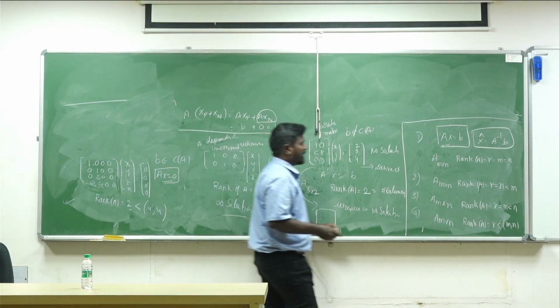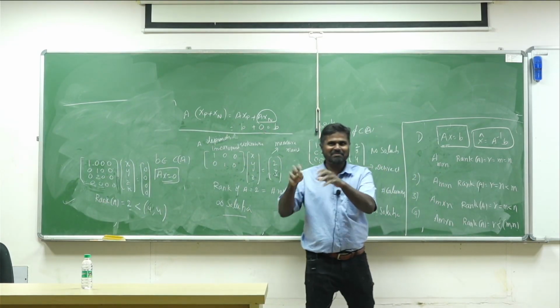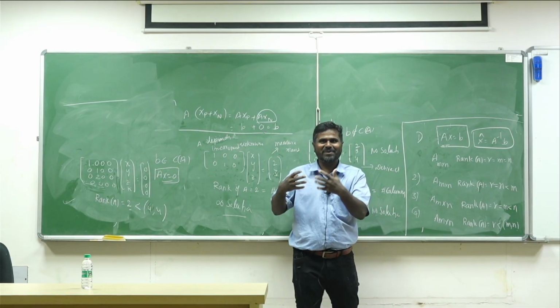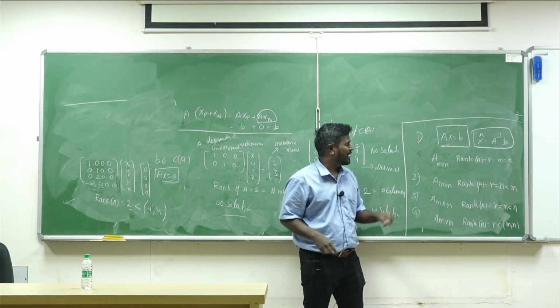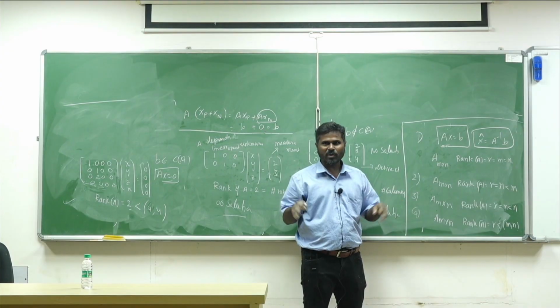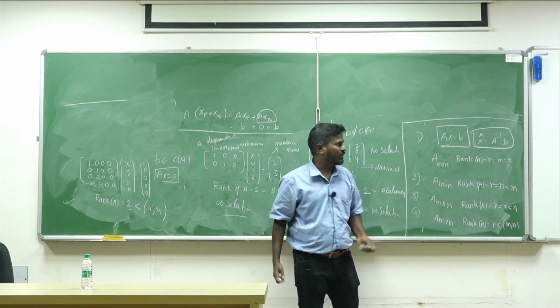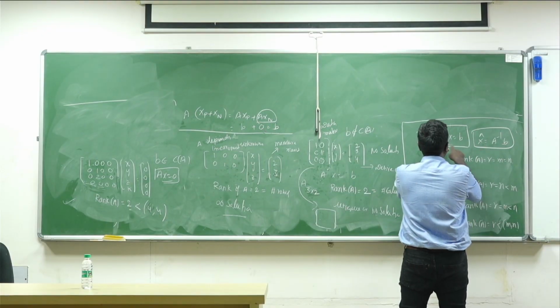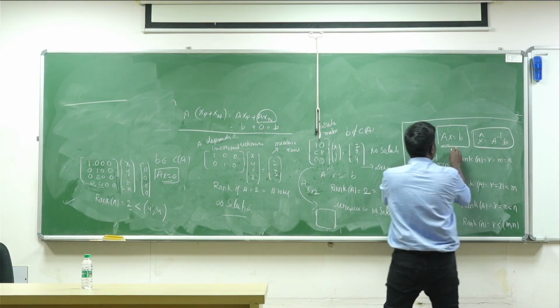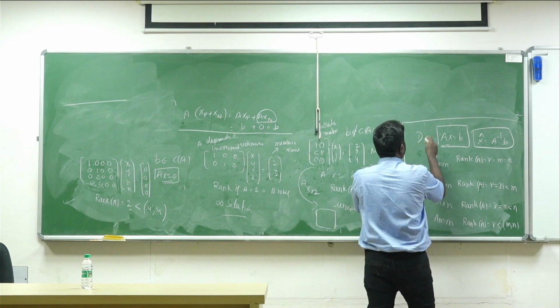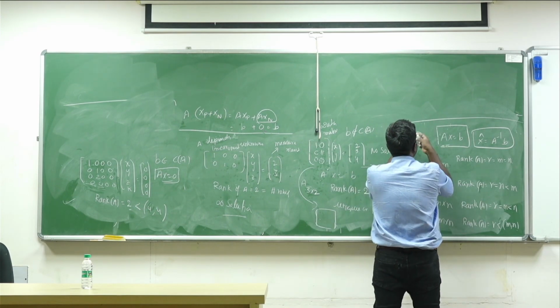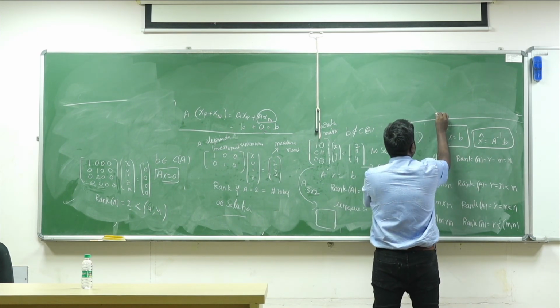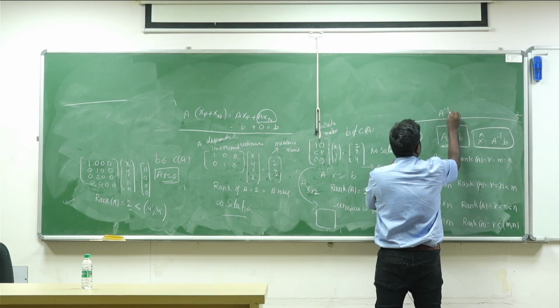So for the first case, I don't want to explain everything, since we would require one more class, but I'll just give you an overview of the solution we will have. In this case, the system of equations is well behaved, so A inverse exists.